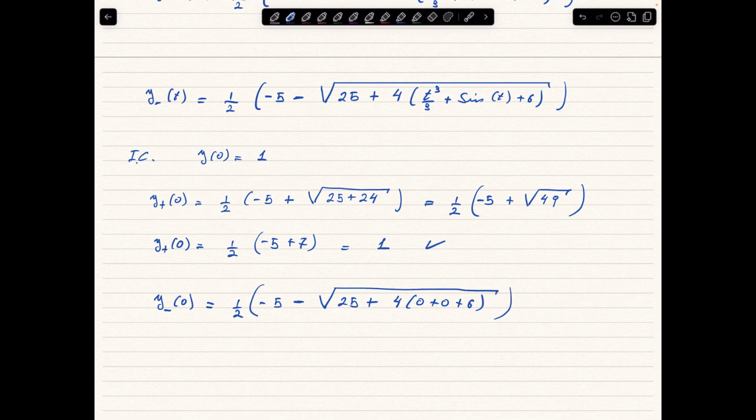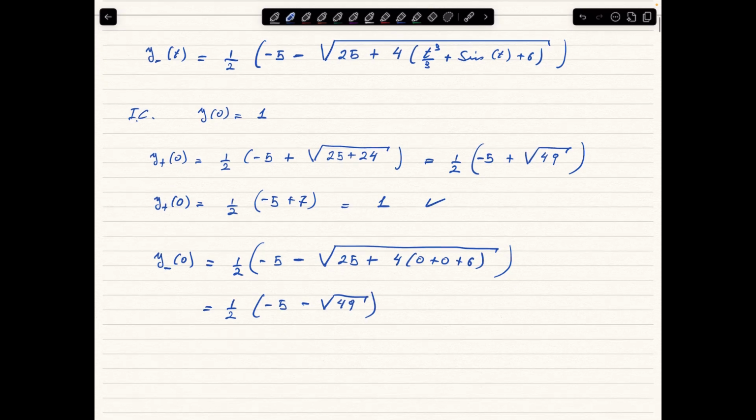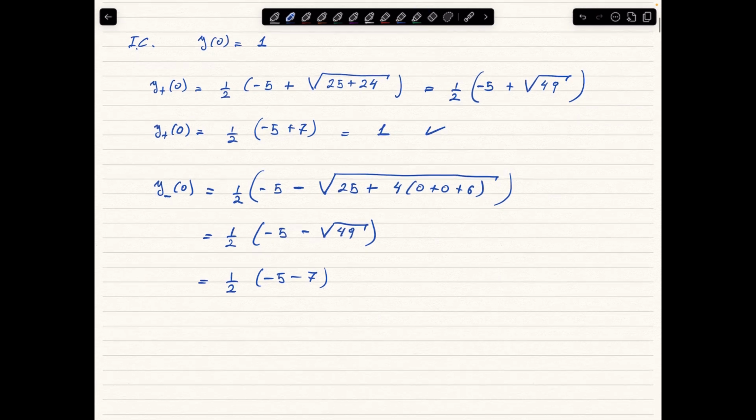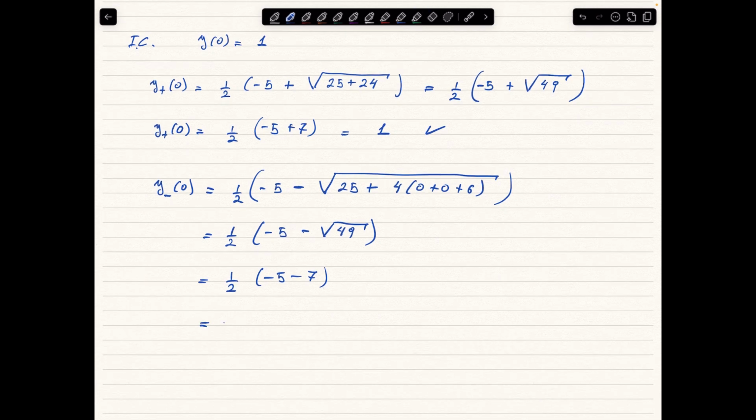So it's going to be negative, obviously, because we have two negative terms. 1/2 minus 5 minus square root, of course, 49 again. And this is 7. So let's put it here. 1/2 minus 5 minus 7. So we have 10, 12. So this is negative 6.